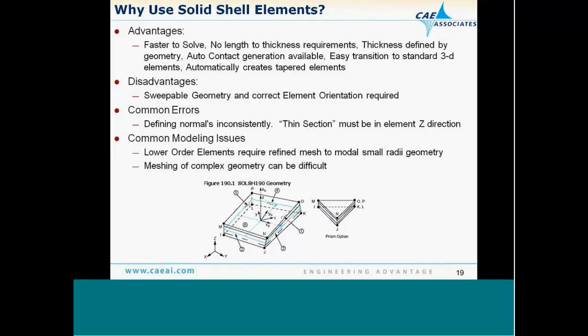The solid shell elements are faster to solve than the solid elements, since we can use a lot fewer of them because we don't have to obey a good aspect ratio through the thickness. The disadvantage of these elements is that you have to be a little careful when you define them.